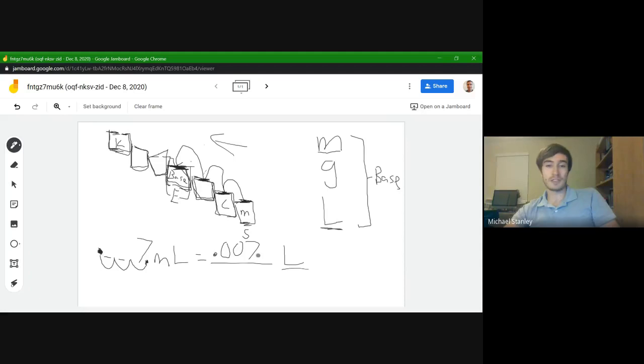So our decimal point was over here initially, but then we moved it 1, 2, 3 jumps to the left.